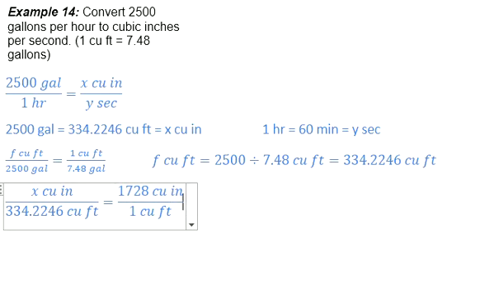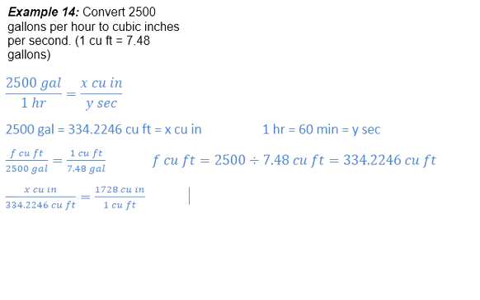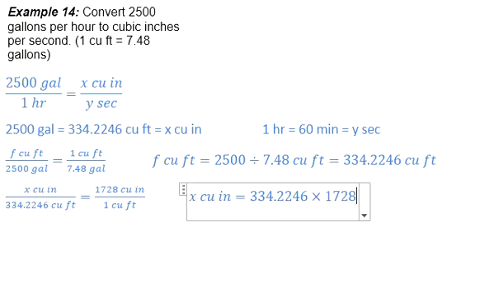Okay, so multiply both sides by that denominator, 334.2246 cubic feet. And I get that x cubic inches is equal to 334.2246 times my 1,728, divided by 1, so that's not going to change the outcome, cubic inches.